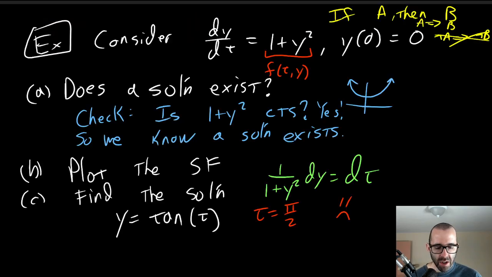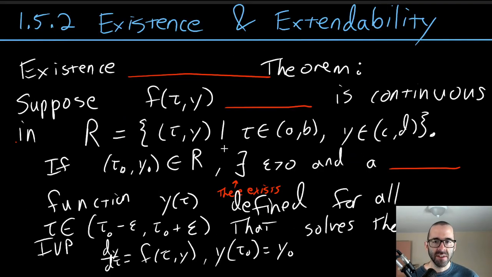And so what we're going to do is go back to our existence theorem, and add a couple things in these blanks that we left. So let's combine this. This is now the existence and uniqueness theorem.